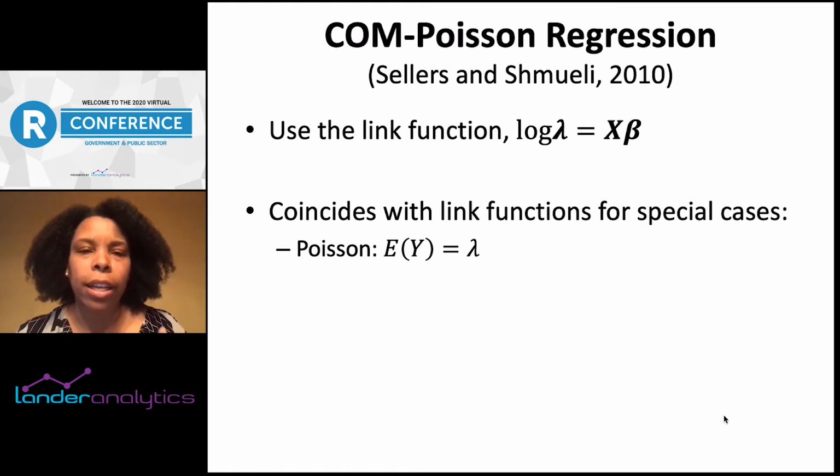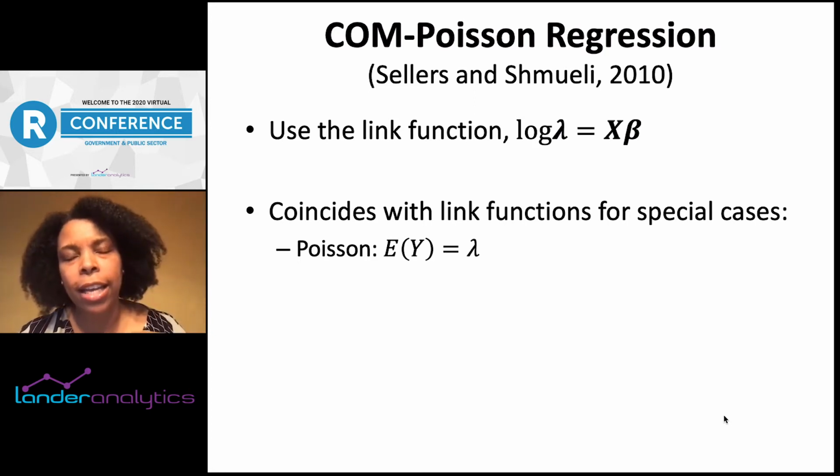And so more broadly, what we're looking at is a nonlinear functional relationship between the mean of the data and the covariates. However, in the Sellers and Shmueli paper, we stand by the use of this relationship because it allows us to clearly recognize the generalization that's attained from the special cases to this broader CMP.